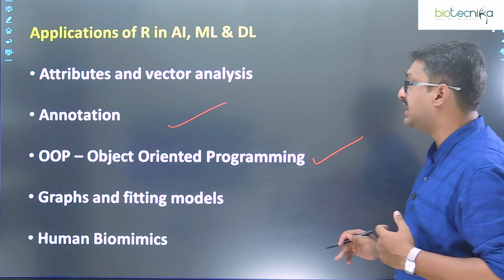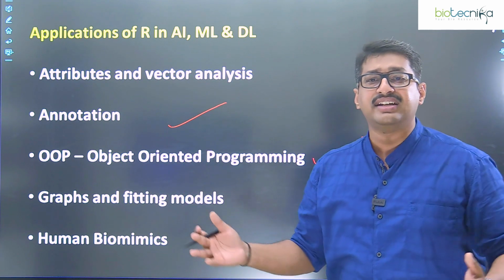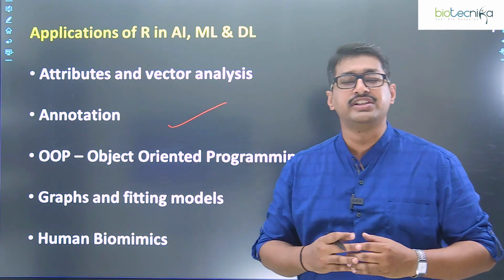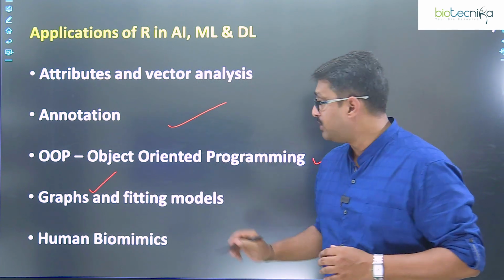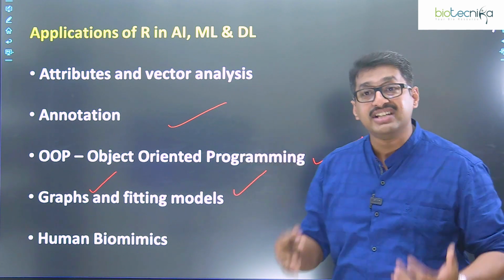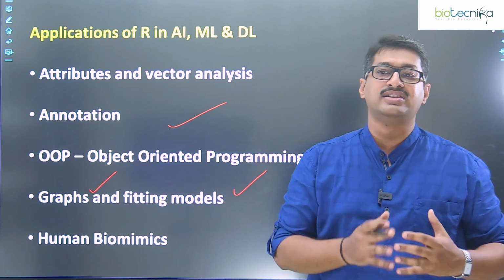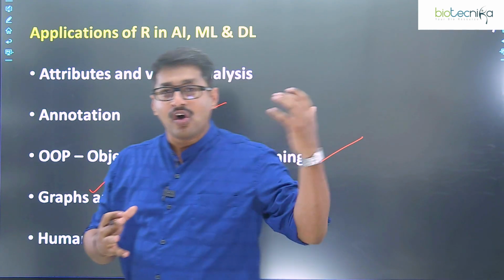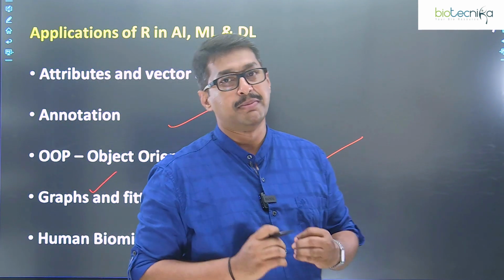And very importantly, when we have something called big data, in big data analytics you have a lot of graphs, a lot of interpretations involved, which will allow you to plot graphs and, very importantly, develop strategies and models which can actually fit into your biological system. The entire intention of all this is to create something called a human biomimic.